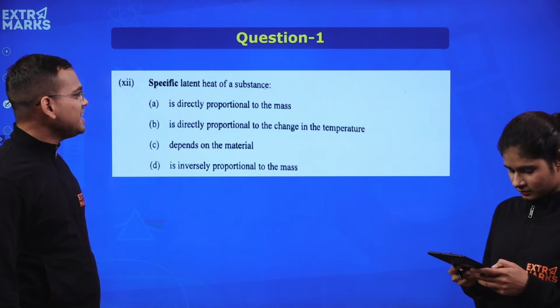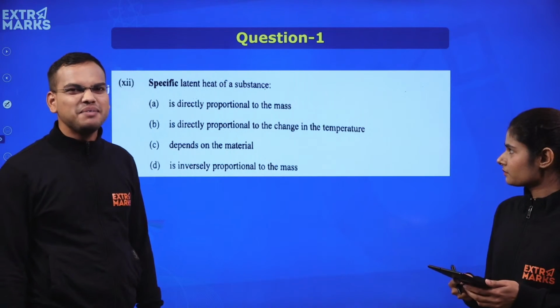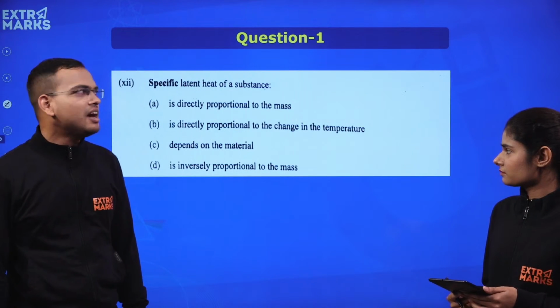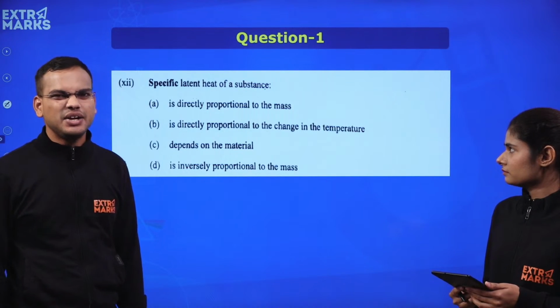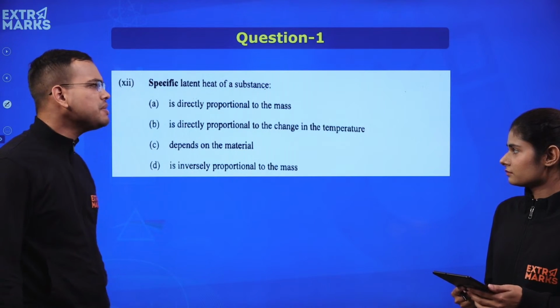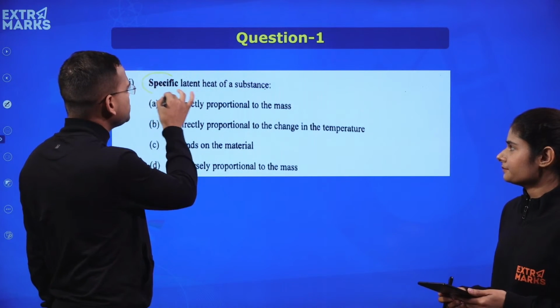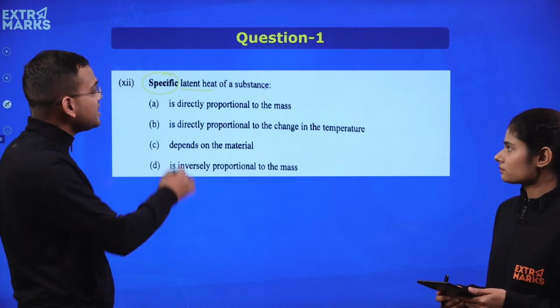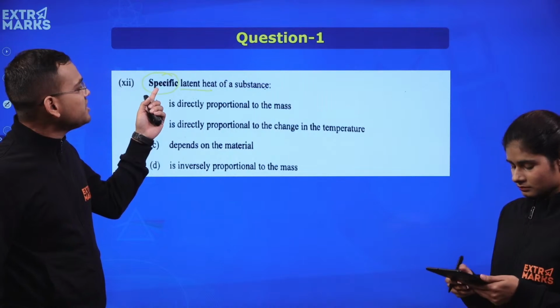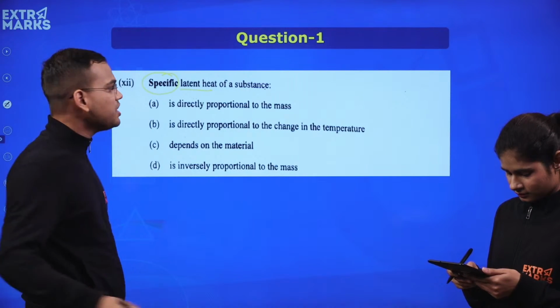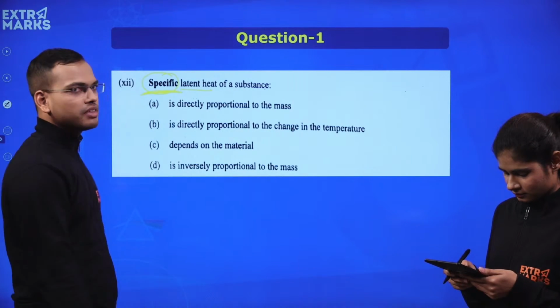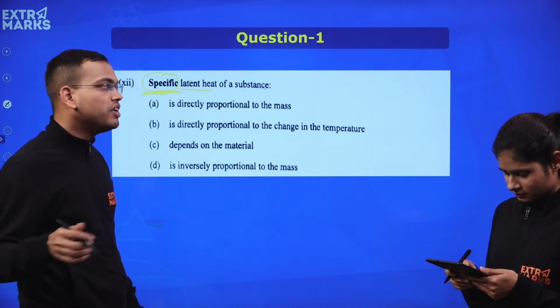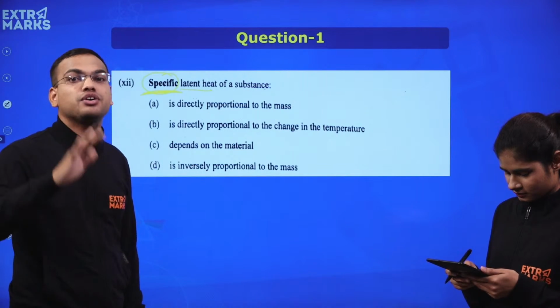Now here comes a very simple question. Sometimes students find it difficult: specific latent heat of a substance. They are sometimes confused between the words specific and latent. Look, in the paper as well, specific is written in bold, right? It means they are interested to know whether you know the difference between latent heat and specific latent heat.